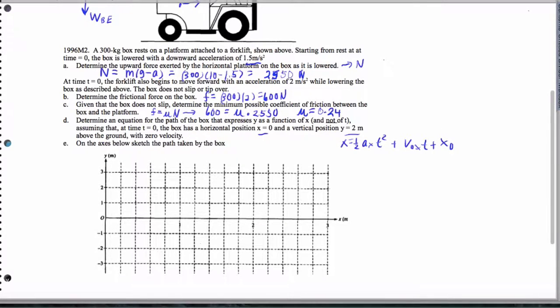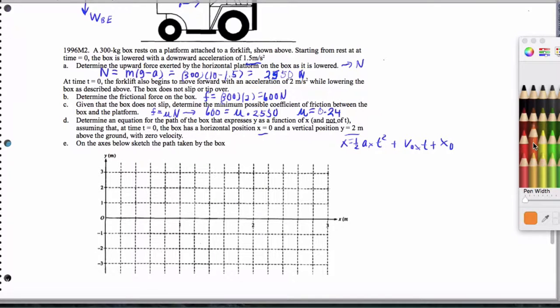Let's adapt this for the y equation. Vertically, y equals 1/2 times negative 1.5, since that's the downward acceleration, t squared, plus 0 plus 2. So y's equation is going to end up being negative 3/4 t squared plus 2.